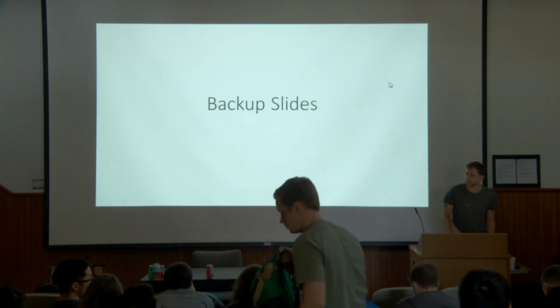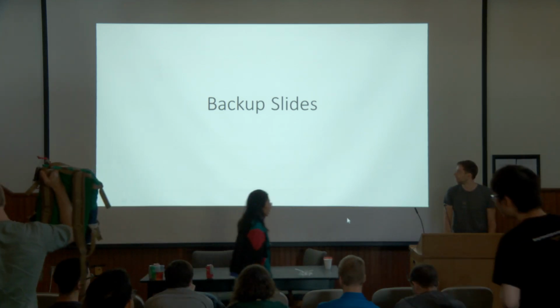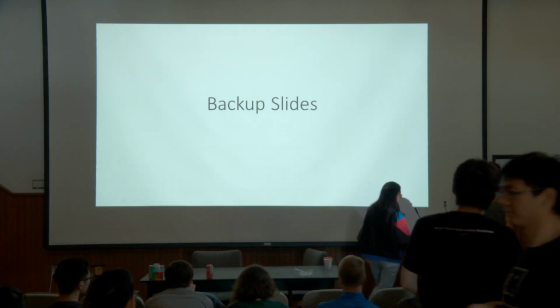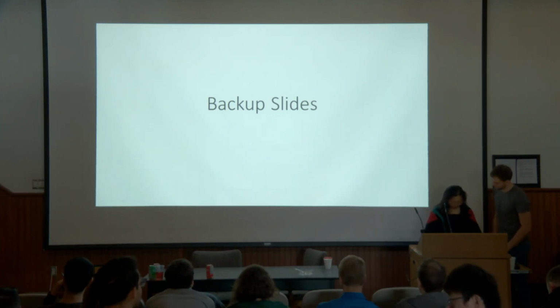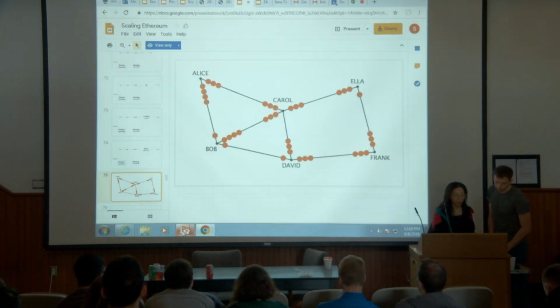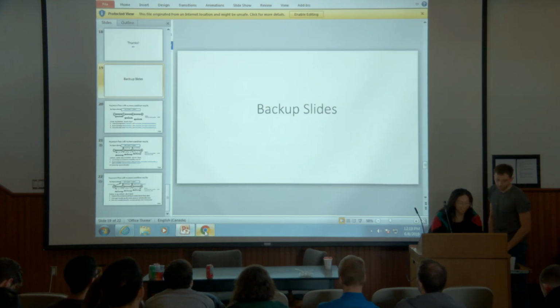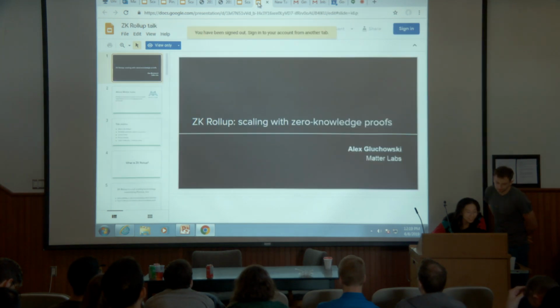How does this work? I don't know how it works either, but I can try. Oh, yeah, keyboard. I don't want to click on something I'm not supposed to click on.